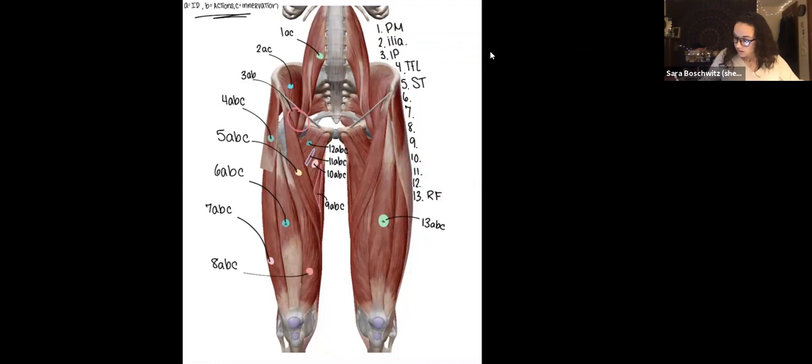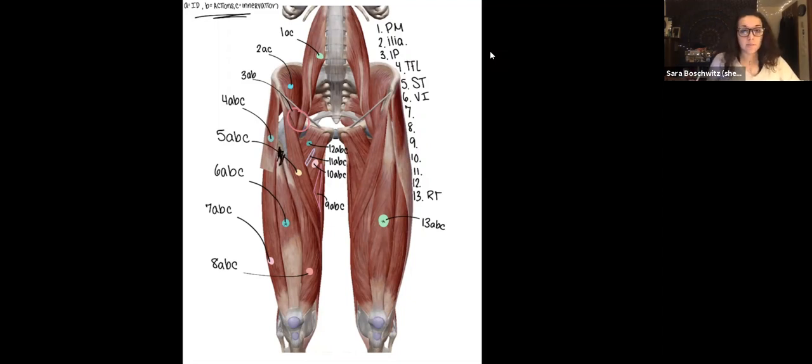So you can see that the rectus femoris is going to be going up to the hip a little bit more. And if you compare it to number 6, which is going to be the vastus intermedius, you can see that it doesn't quite go up to the hip. So if you can see here, where I'm drawing that, you can see the bone actually.